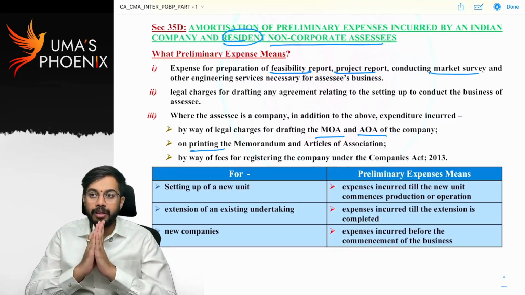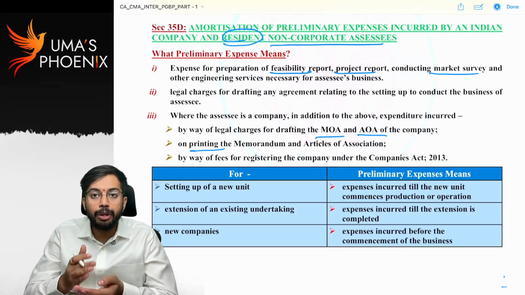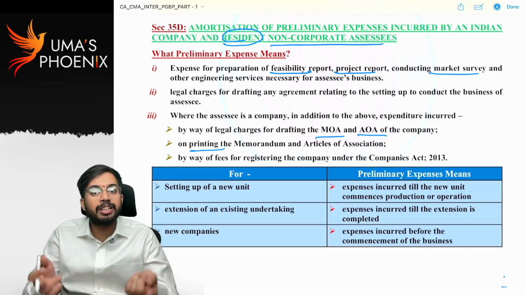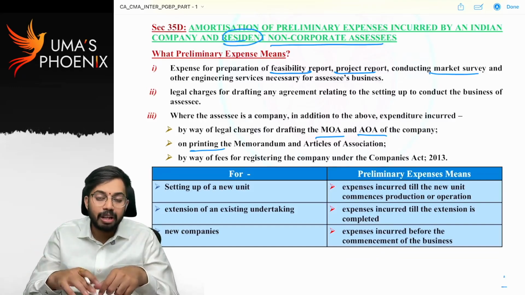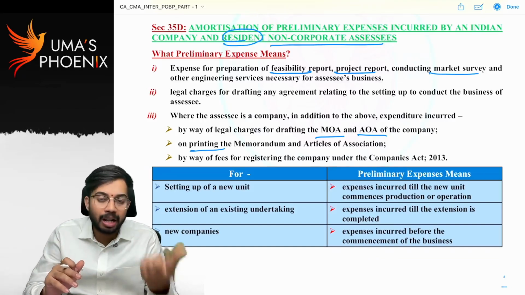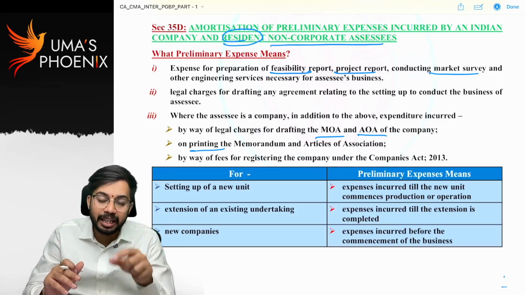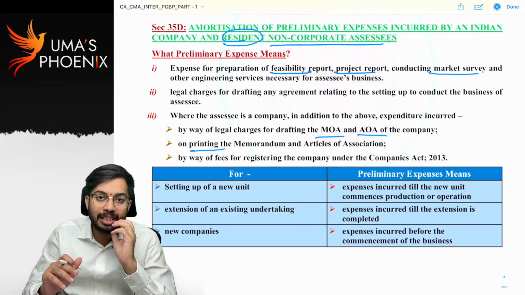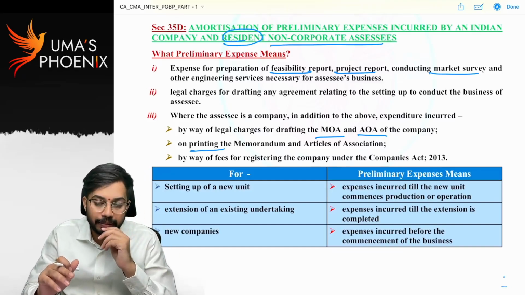Another important point, not only for new businesses, even in case of existing businesses also, for setting up of a new unit or for setting up of a new undertaking, if any expenditure is incurred, even that expenditure is also considered as preliminary expenditure.